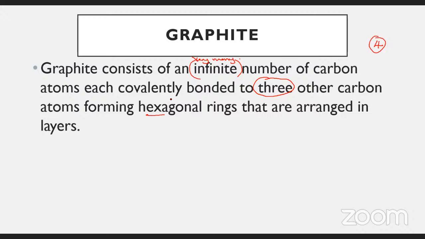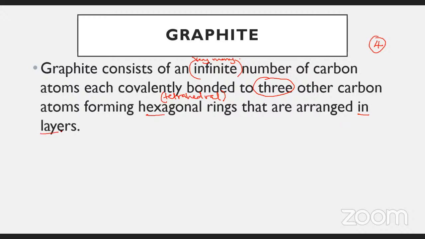In diamonds, we are forming a tetrahedral structure. Okay, Mirav has said it. Diamond has tetrahedral structure, whereas graphite has hexagonal structure. So diamond has tetrahedral, then graphite has hexagonal rings that are arranged in layers.